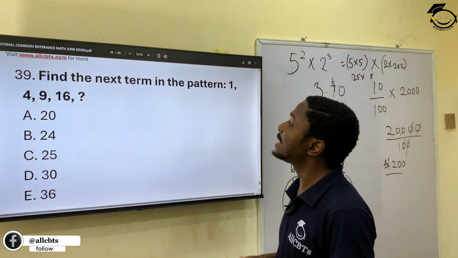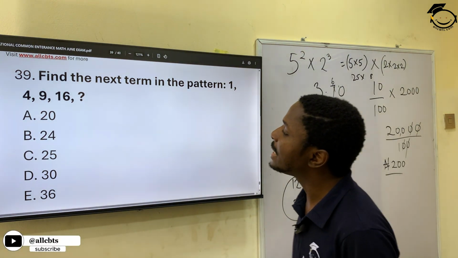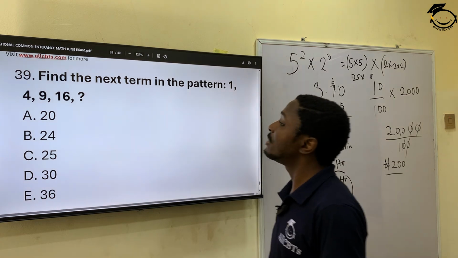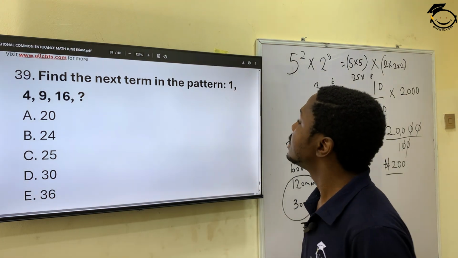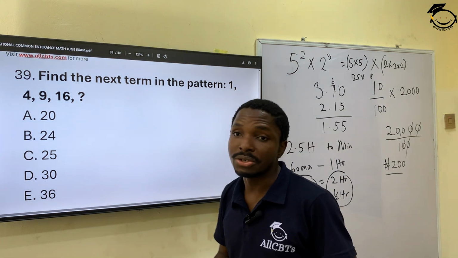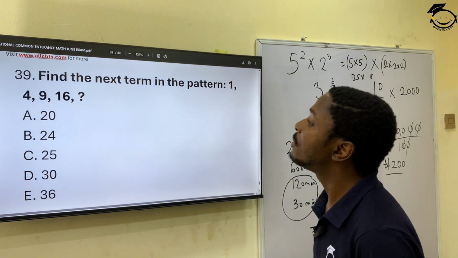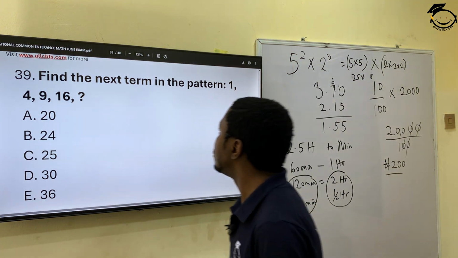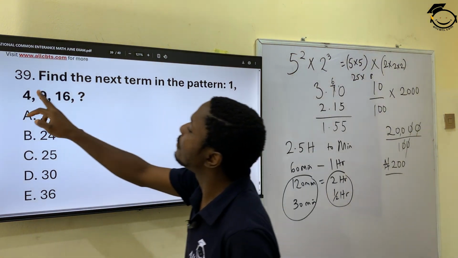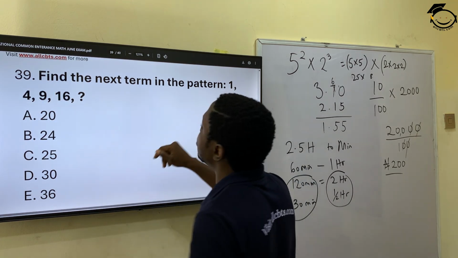Find the next term in the pattern 1, 4, 9, and 16. Now, what kind of progression is this? Find the next term in the pattern 1, 4, 9, 16. If you look at 1, 4, 9, 16, what's the difference between each of these numbers?